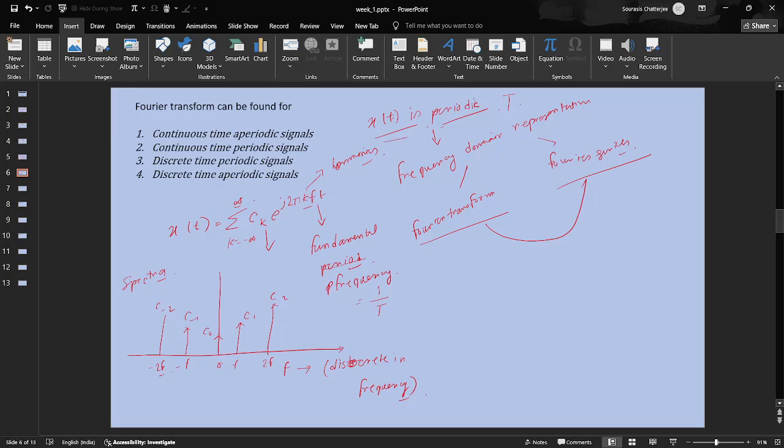So even if my signal is periodic with period f, it is not going to have a non-zero value at f. The moment. Sir, slide is not visible, sir. Okay, just a moment.